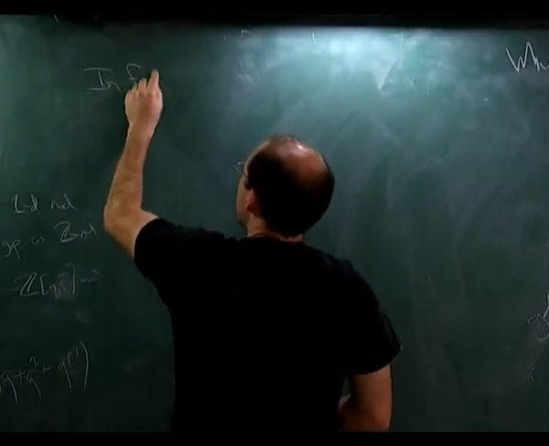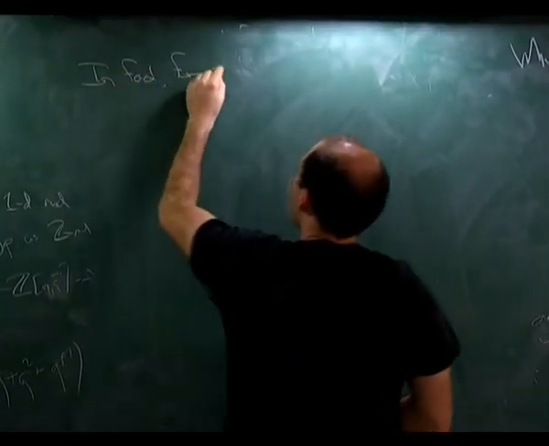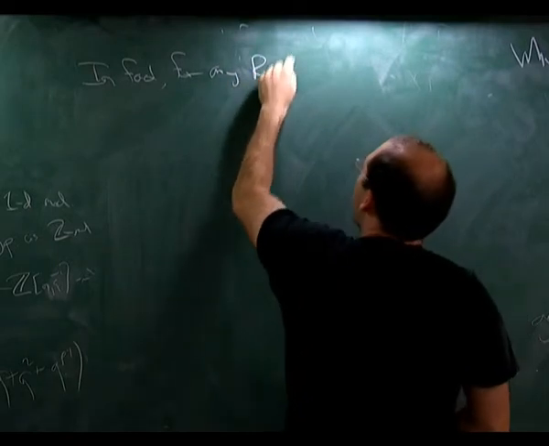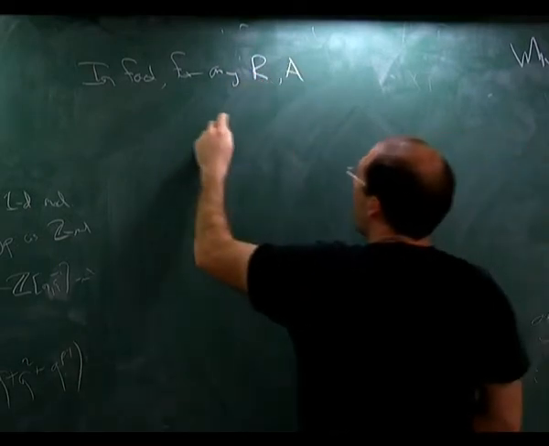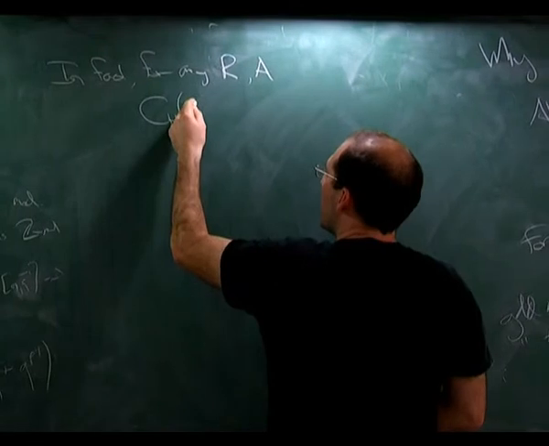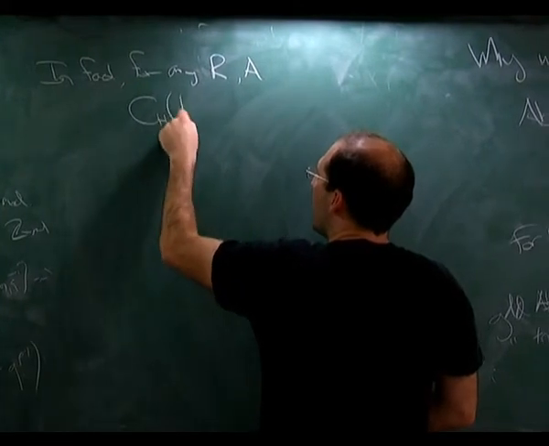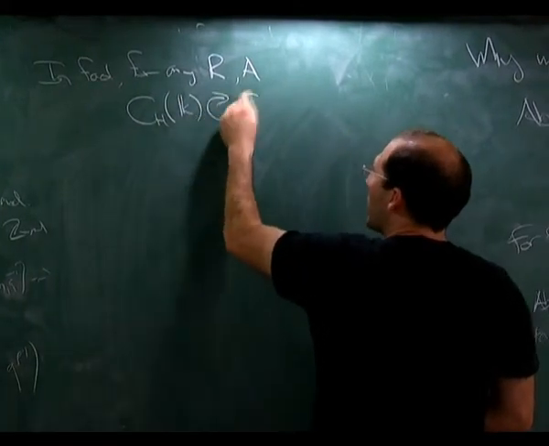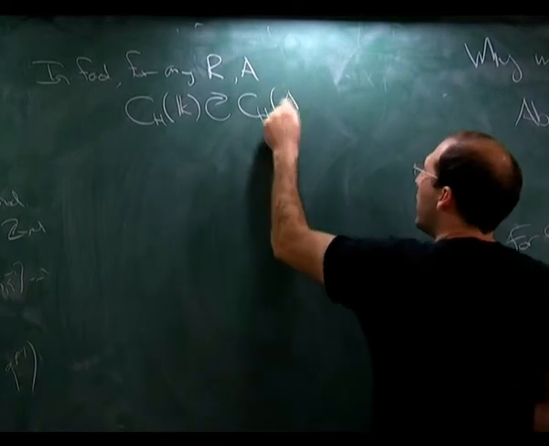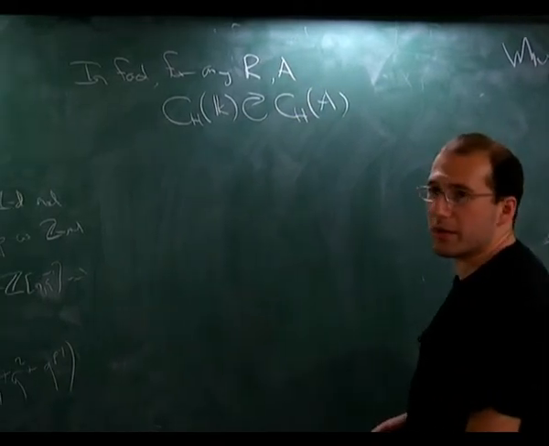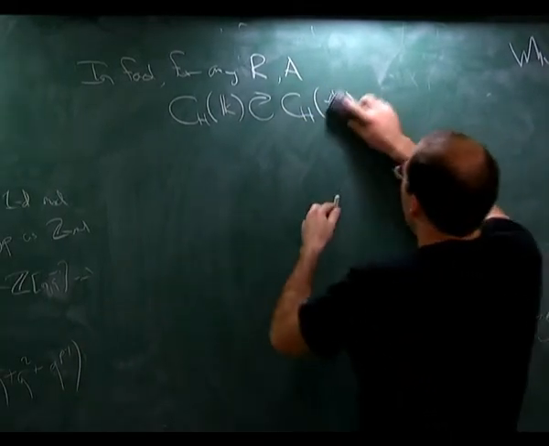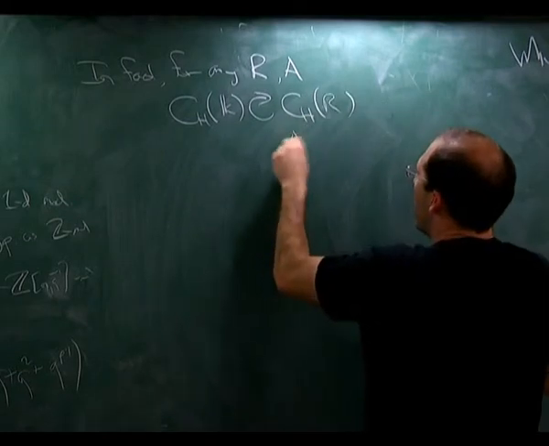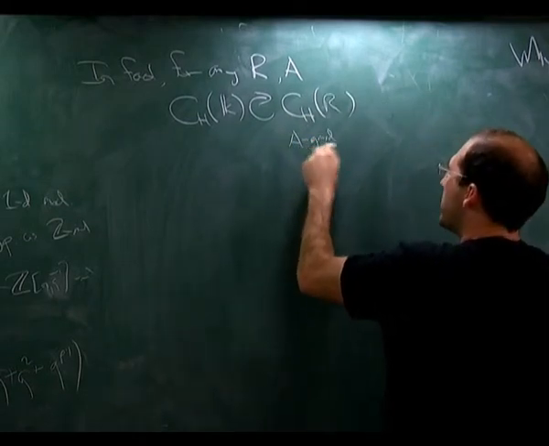In fact, for any R, or for any pdg algebra A, you have this action of the ground guy by tensor products on this other homotopy category, the stable modules.